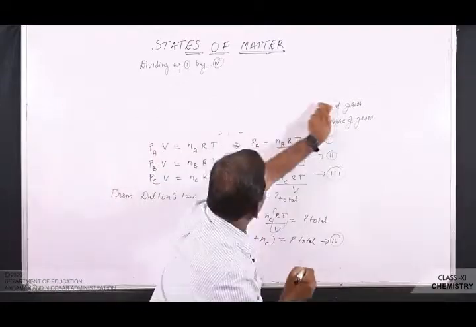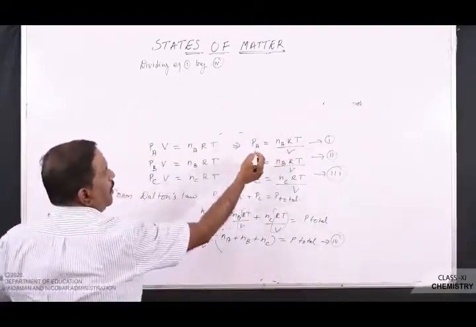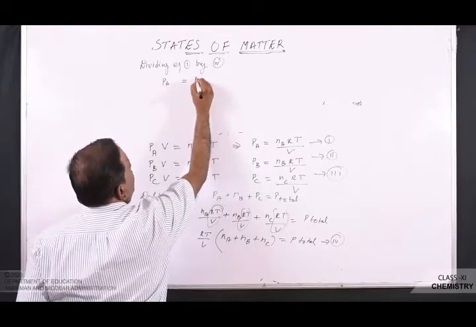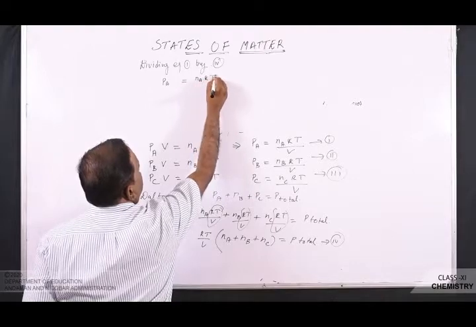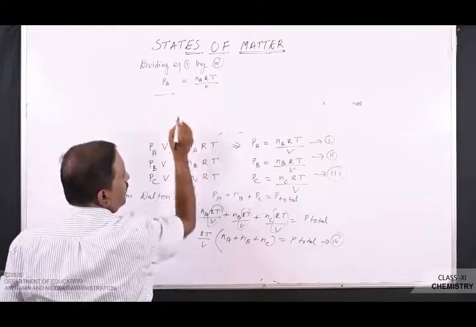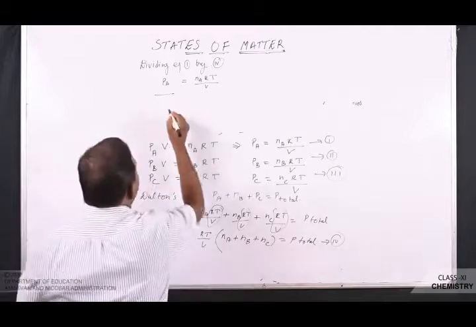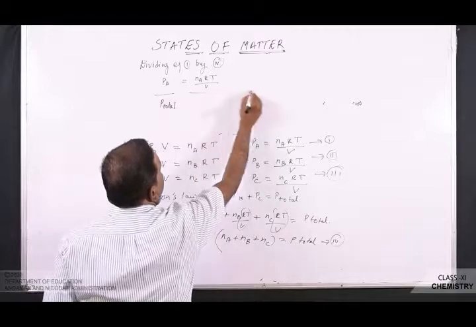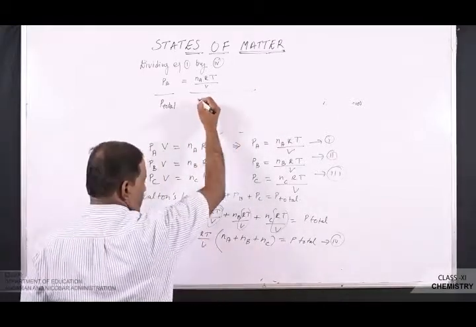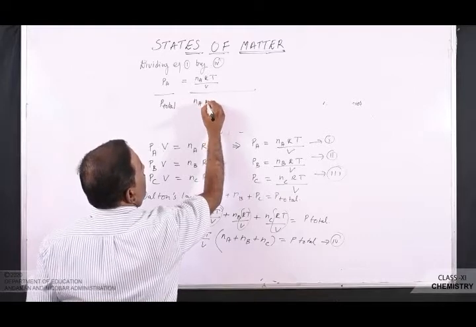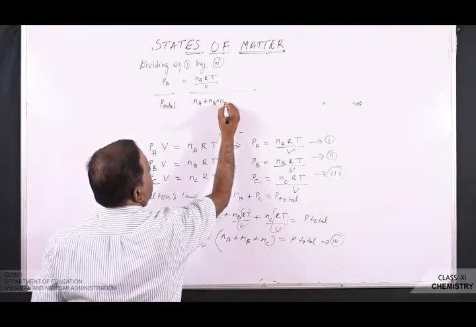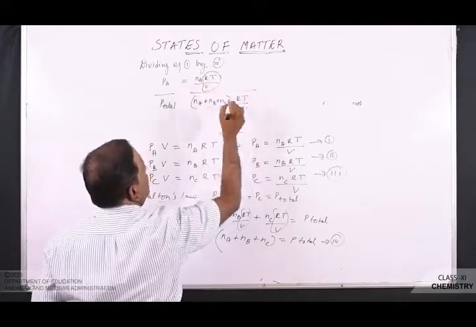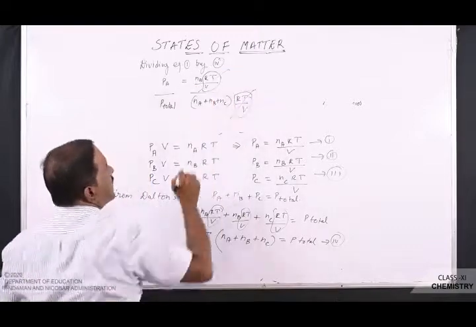Equation 1 is Pa is equal to NaRT by V, divided by P total, which is Na plus Nb plus Nc times RT by V. So this is the same, and both will get cancelled.